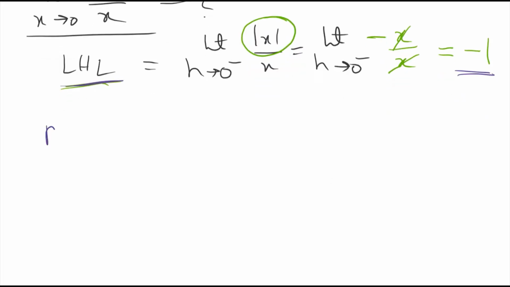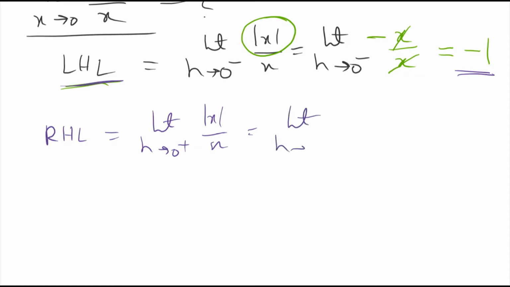If I apply the right hand limit, RHL equals limit h tends to 0 plus mod x by x. For x more than or equal to 0, mod x is x, so it is just x by x. These two get cancelled and it equals 1.